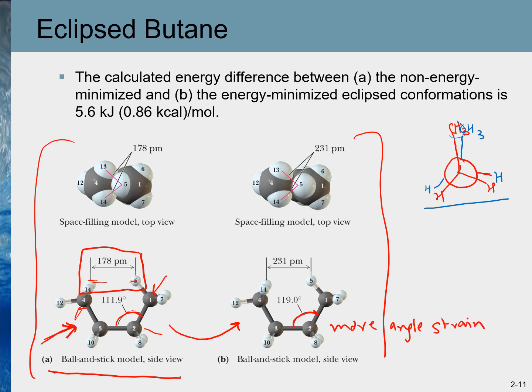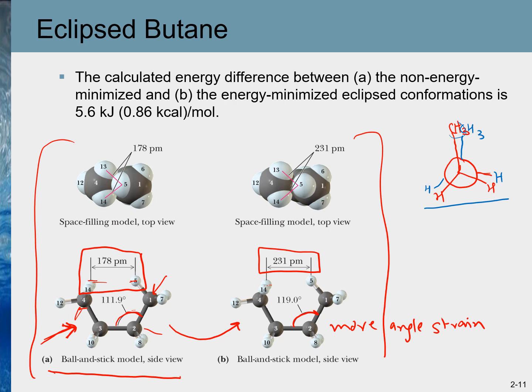However, now the distance between the hydrogen atoms is 231 picometers, which is much more ideal because at that distance the two hydrogens can now safely stay in this arrangement.